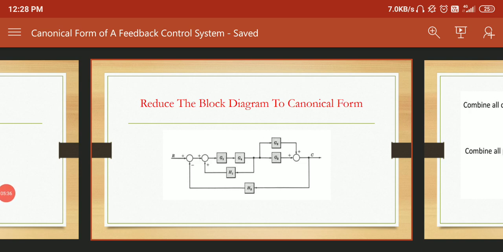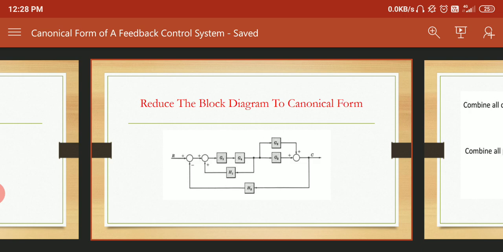Here is an example for the canonical form. The question is to reduce the block diagram to the canonical form. There are some reducing techniques for the canonical form. The first one is combining blocks in cascade, that is, the blocks which are in sequence, we combine. Second is combining blocks in parallel.